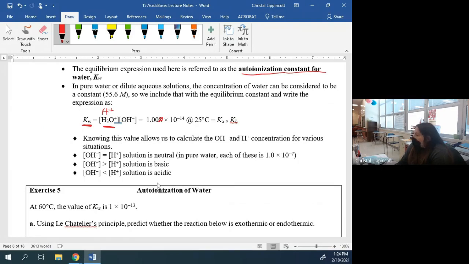Your Ka times your Kb at 25 degrees Celsius also equals this. So if you know one of these, you can always calculate the other one. And I actually store this value in my calculator as W so that I don't have to type it in all the time.